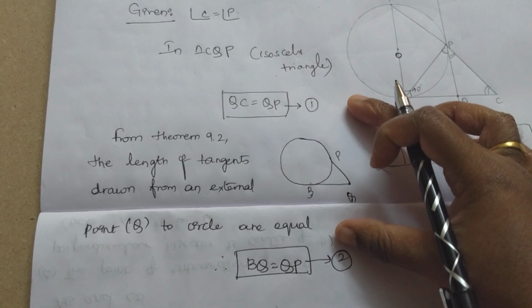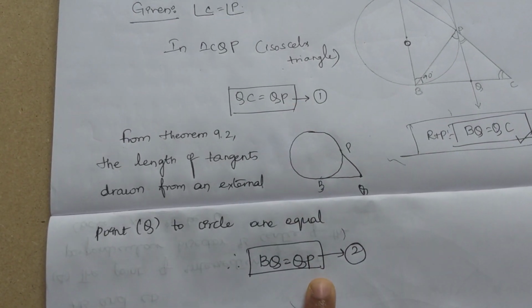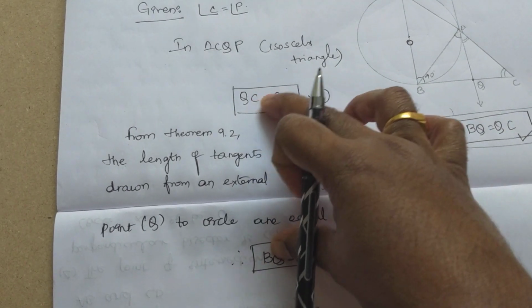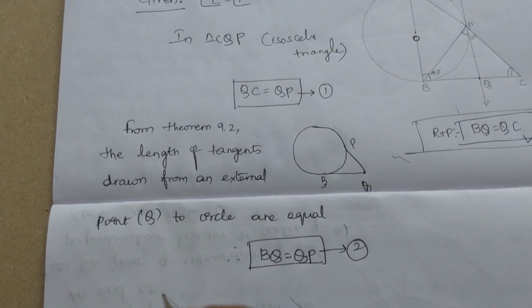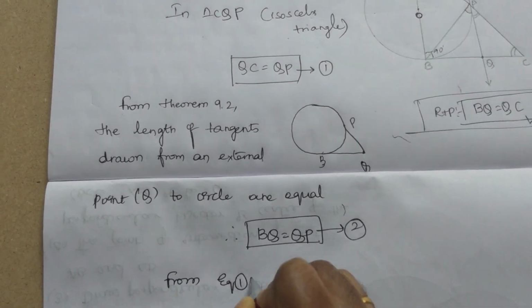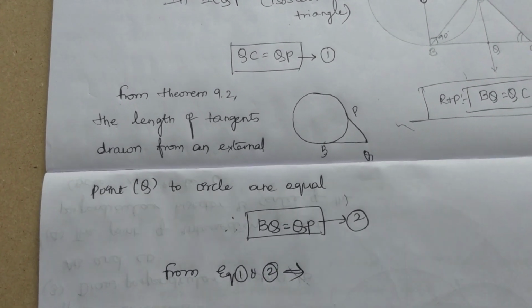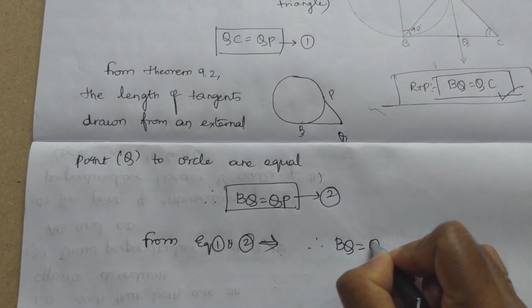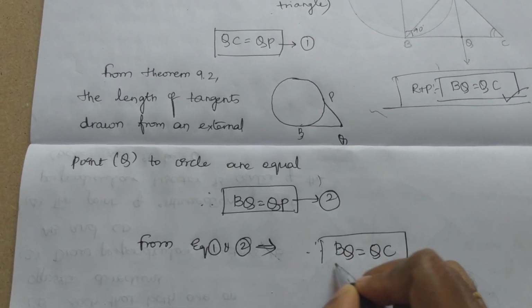When you see here, QP, the RHS is the same. So from equation 1 and 2, can we equate the left hand side? Yes. From equation 1 and equation 2, therefore BQ equals to QC. We got this. This is what needs to be proved, right?